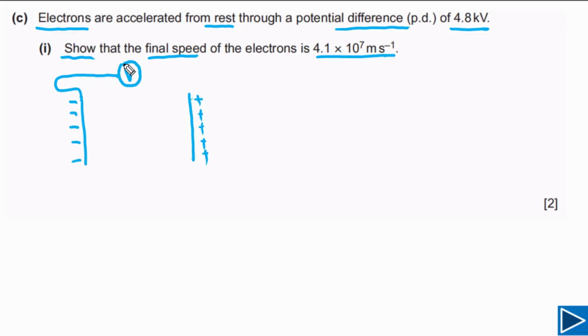So we can say there's a voltmeter connected between these 2 plates, and the reading on this voltmeter is 4.8 kilovolts. And there is a uniform electric field between these 2 plates. Electric field always points from higher potential to lower potential.